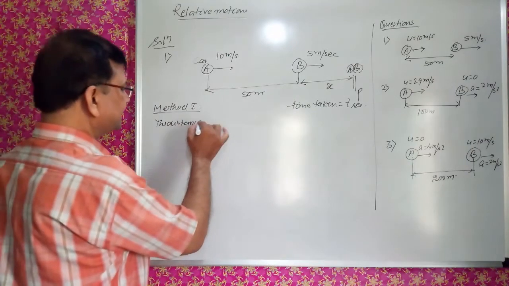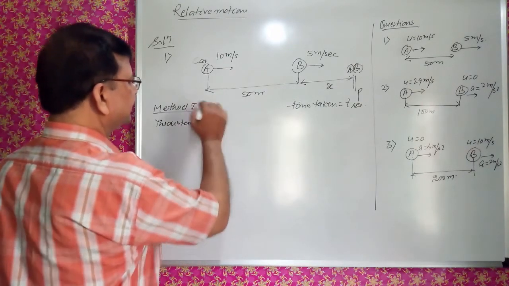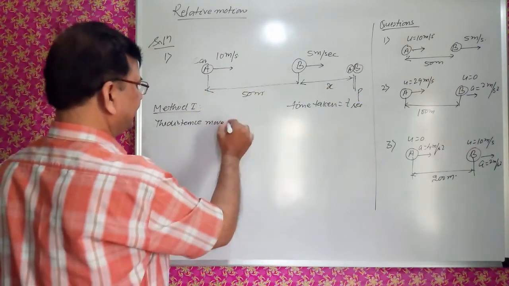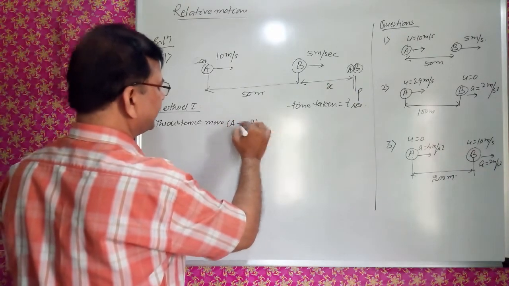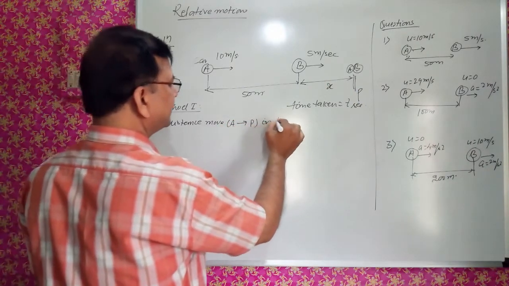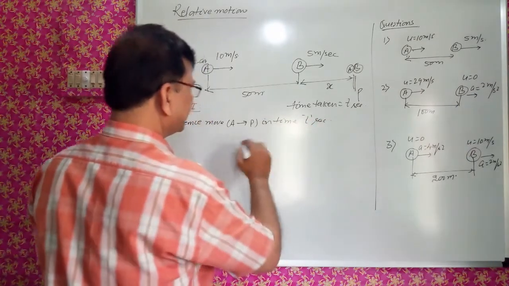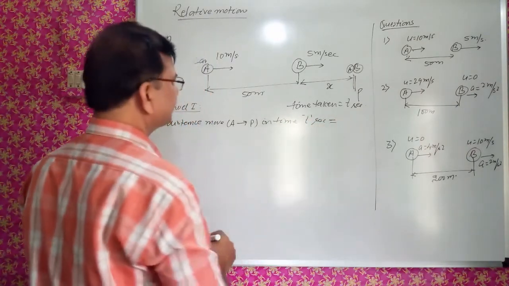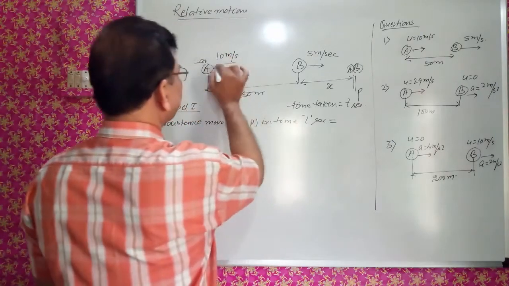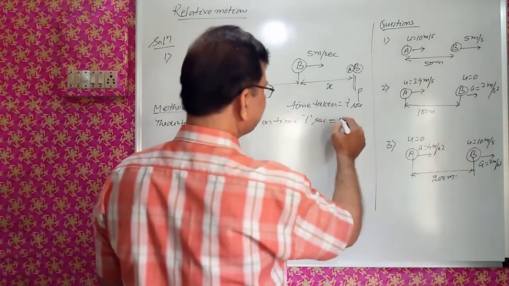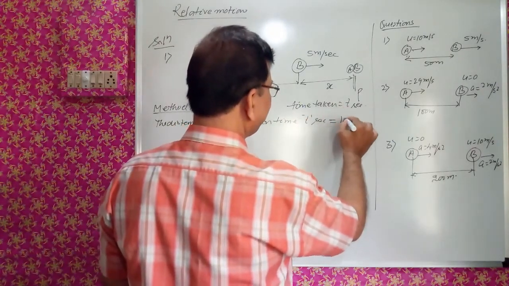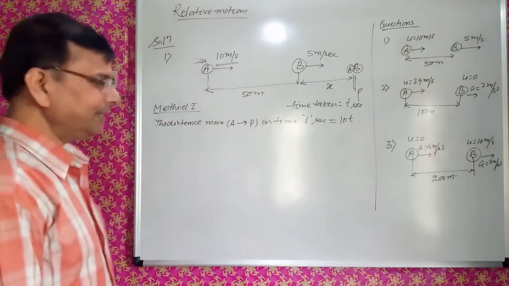The distance moved, that is A to P, in time t seconds is equal to how much? Speed is 10 meters per second, time taken is t, so speed into time, that is 10t, right?